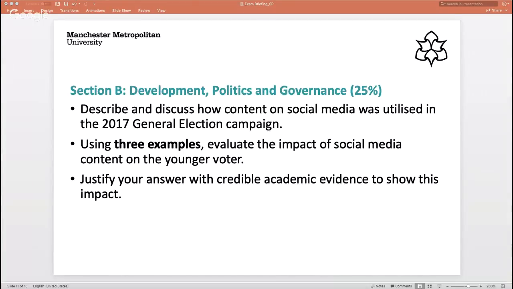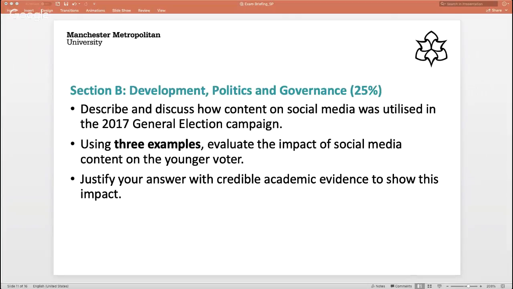voter. So straight away, you'll be able to look at social media content. Maybe you want to look at Instagram versus Snapchat versus Twitter, or Instagram versus Facebook versus Twitter.